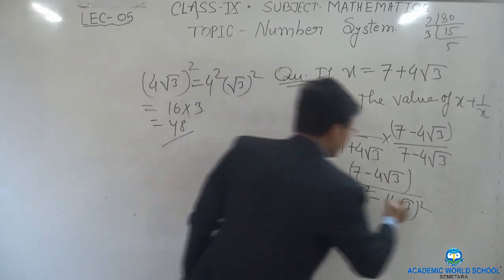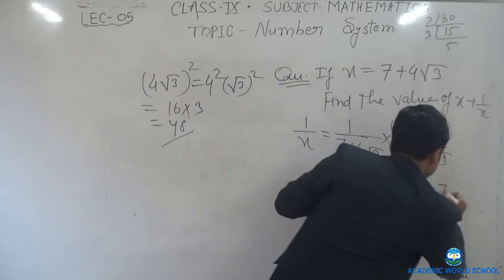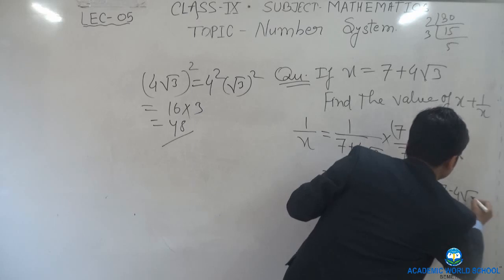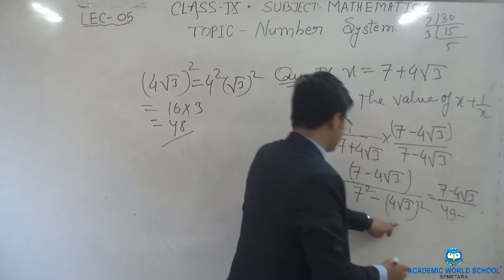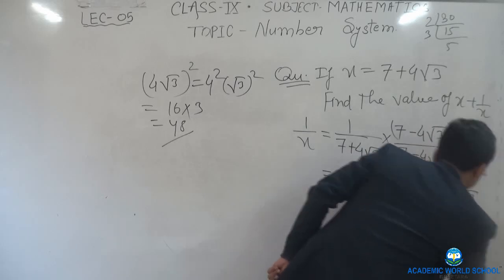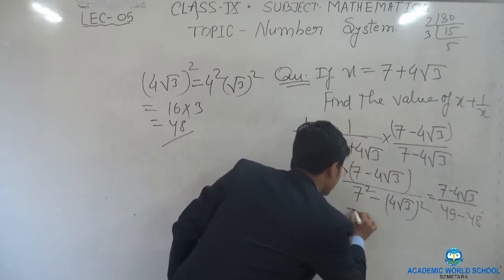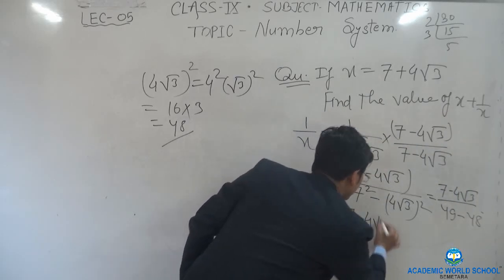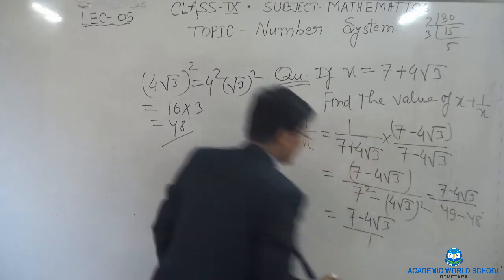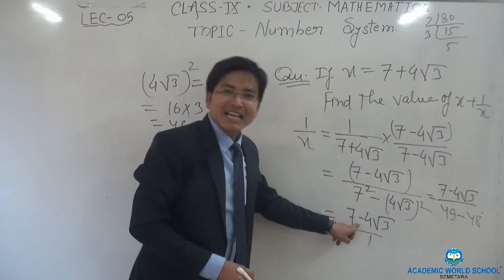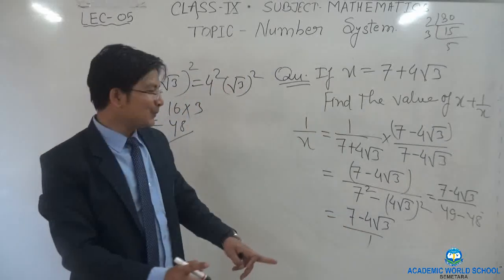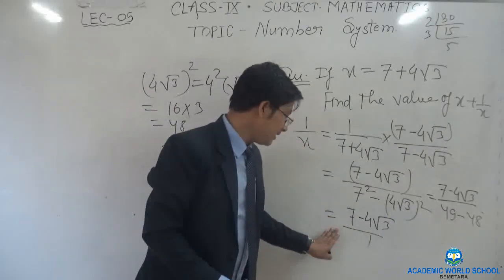So this will be 7 minus 4 root 3 upon 49 minus 48, which is 7 minus 4 root 3 upon 1. So the value of 1 upon x is 7 minus 4 root 3.